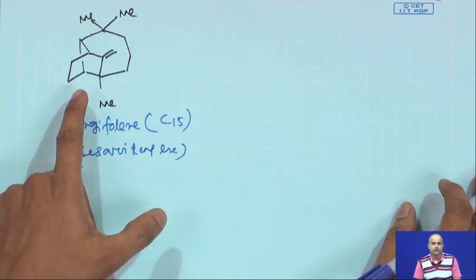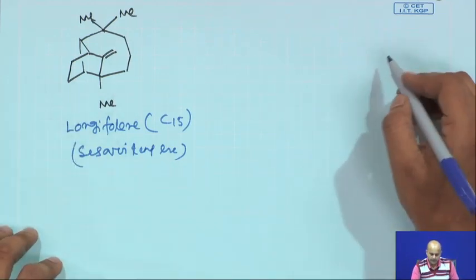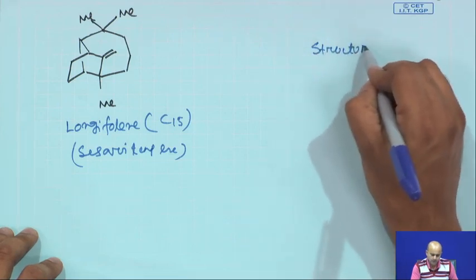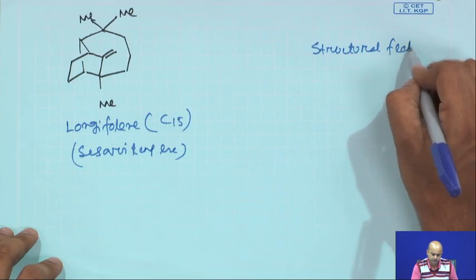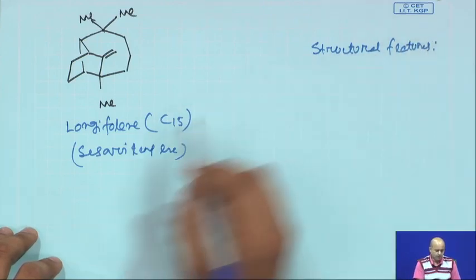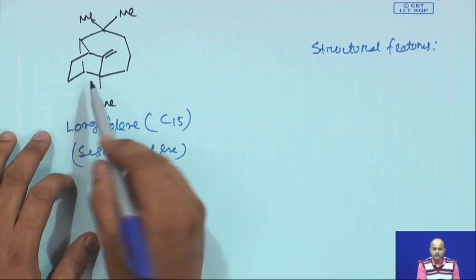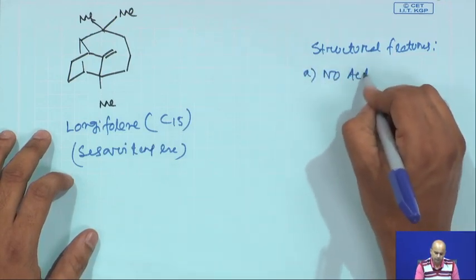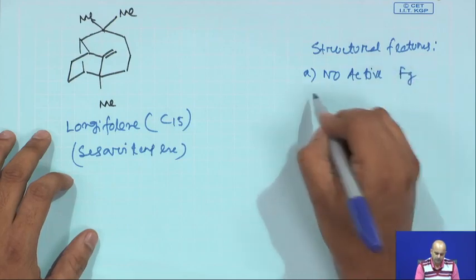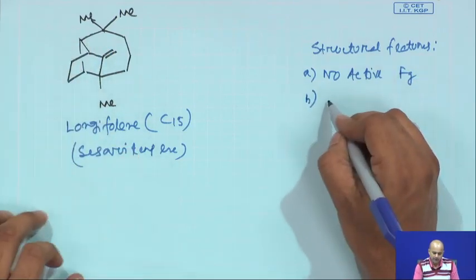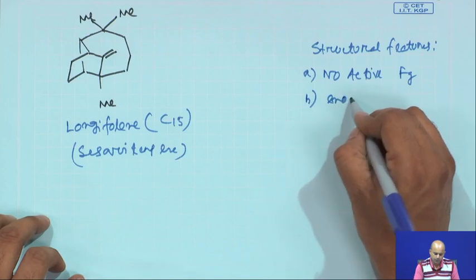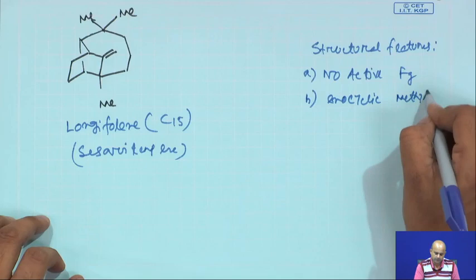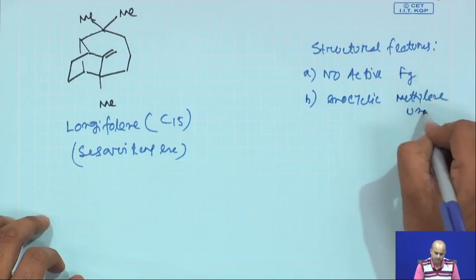Now, Longifolene, if you see its structural features, whenever you try to get a target molecule, you first analyze its structural features. In Longifolene, there are absolutely no active functional groups. Okay. There is only one exocyclic methylene unit.